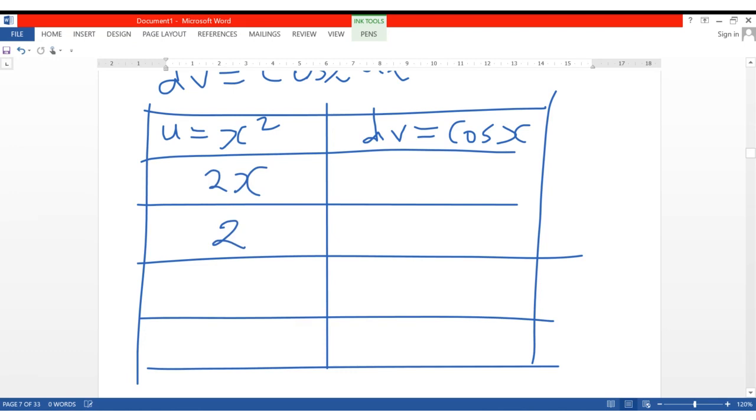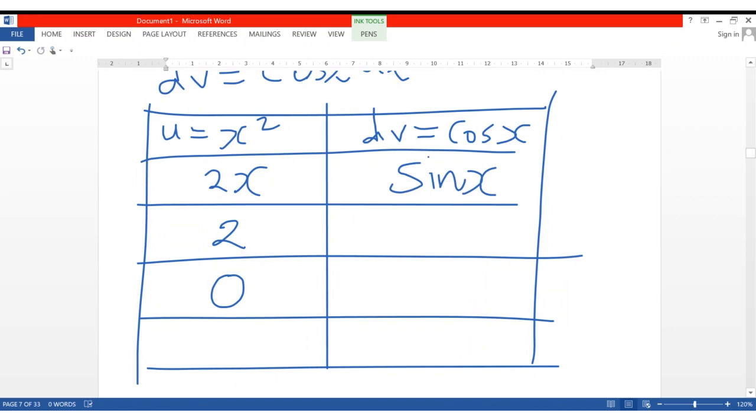When you differentiate 2, you'll get 0. So I'm done there. Let's go back to the integration. When you integrate cos x from the table, which function do you differentiate to get cos x? You'll get sin x.